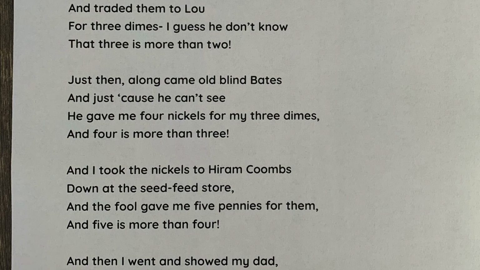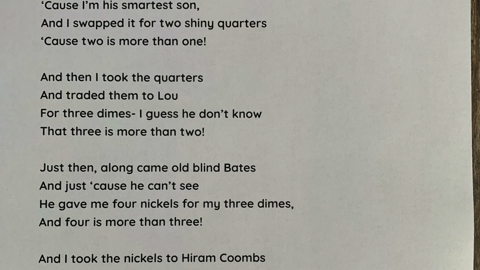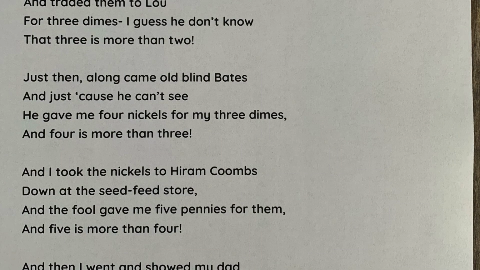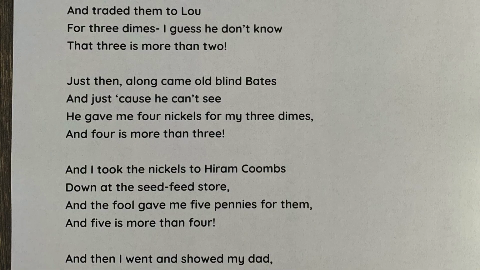My dad gave me a $1 bill, 'cause I'm his smartest son. And I swapped it for 2 shiny quarters, 'cause 2 is more than 1. And then I took the quarters and traded them to Lou for 3 dimes. I guess he don't know that 3 is more than 2. Just then, along came old blind Bates, and just 'cause he can't see, he gave me 4 nickels for my 3 dimes, and 4 is more than 3.